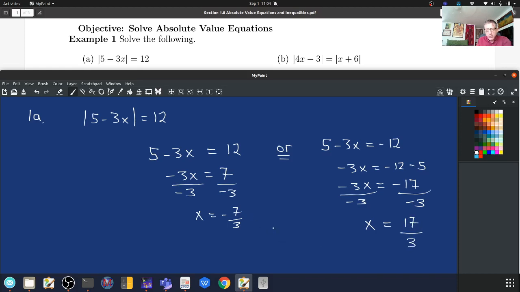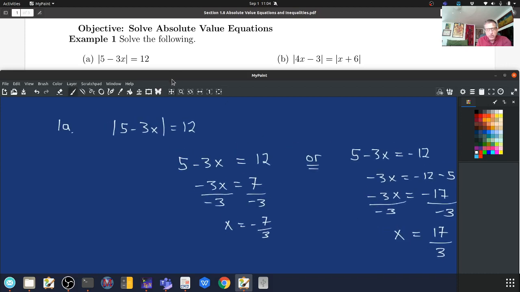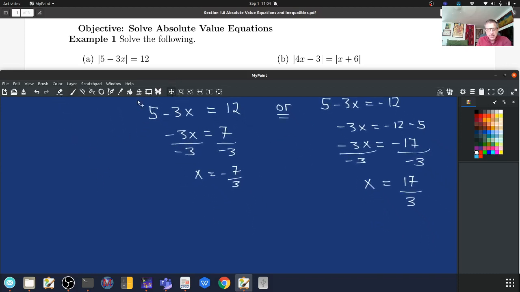So remember, x is equal to this or x is equal to that. So we have two separate values for x. So our solution set is a set, which is not an interval, but a set that contains exactly 2 elements.